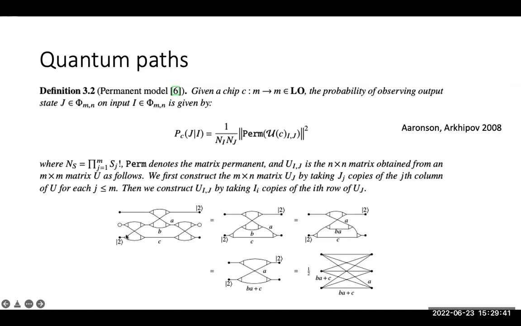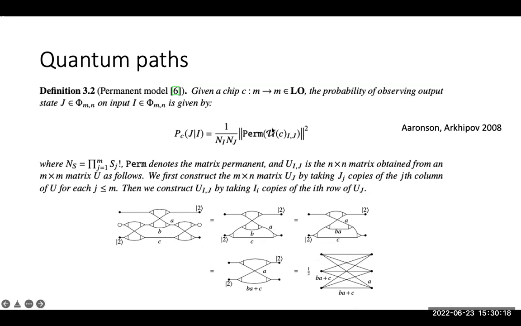And this is mimicked at the level of QPath. If you have an input state, say 1, 0, 2, and output state 2, 0, 1 on a chip with some coefficients, then you could just compute the underlying matrix and reduce this all the way to a bipartite graph, where every time there are 2 photons in the same mode, you pick that entry twice.